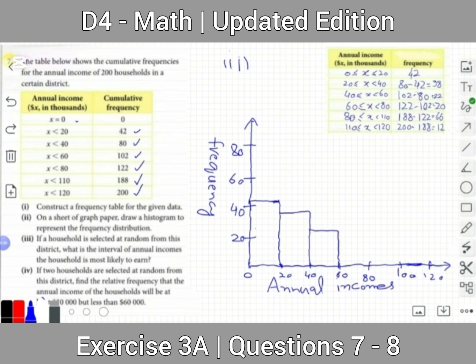Now for the class interval 60 to 80, we have a frequency of 20, so we will draw a bar of the height 20. Now for the class interval 80 to 110, we have a frequency of 66. So we will draw a bar of the height 66 from the point 100.